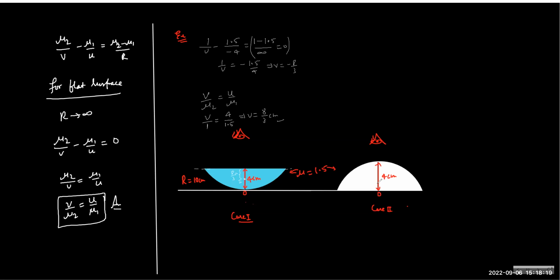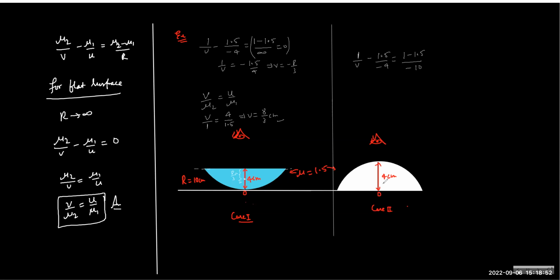For the second case, what is happening? The reflection will take place from the curved surface, right? So you write the formula mu2 by V minus mu1 by U is mu2 minus mu1 by R, where R is minus 10.